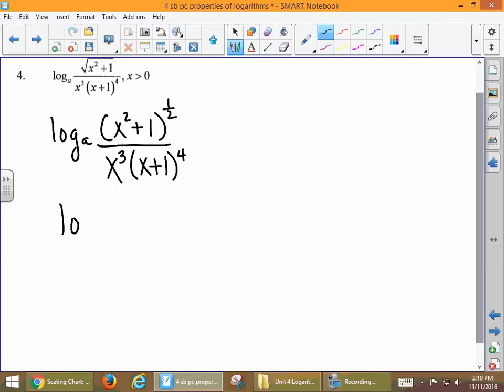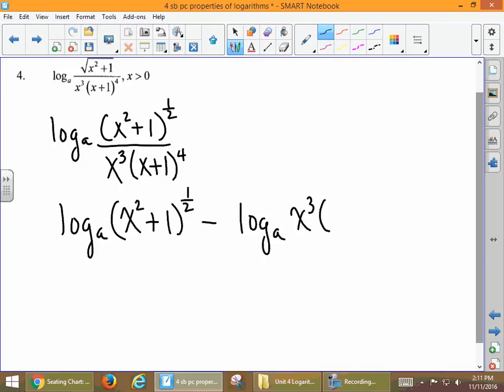So this is going to be log base a of x squared plus 1 to the 1/2 power minus log base a of x cubed times x plus 1 to the 4th, because it's the fraction, because we're dividing. The quotient property means that we subtract.